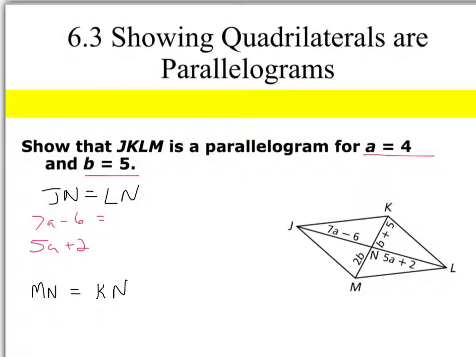A is equal to 4, so I'm going to take 7 times 4 minus 6. 7 times 4 is going to be 28, minus 6 is going to be 22. Okay, for 5A plus 2, sorry, not 7 times 4, it is going to be 5 times 4. 5 times 4 plus 2, 5 times 4 is 20, plus 2 is 22.